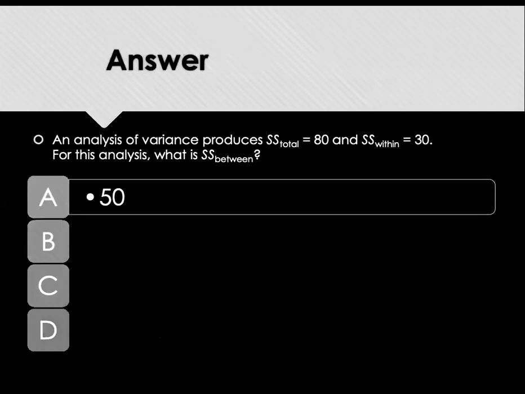Okay, and the answer is 50, right? Because sum of squares total should equal sum of squares within plus sum of squares between. And remember, one way of calculating sum of squares between is to do exactly this: have the total figure and the within figure, subtract one from the other, and you get between.